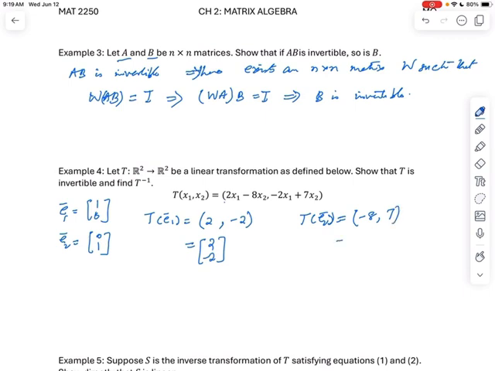So the A matrix here will be the 2 by 2 matrix with the first column as 2, negative 2, and the second column as negative 8, 7.